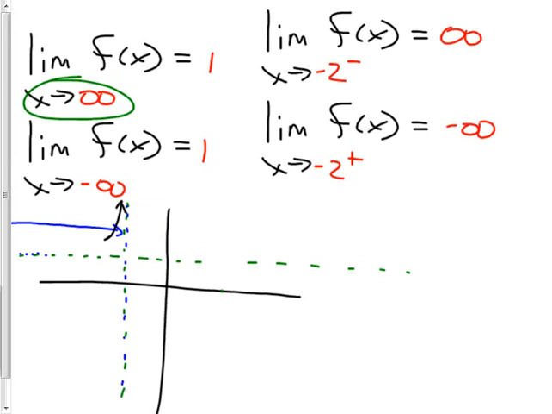It must be like that. And the other part, coming towards negative 2 from the positive side, means I'm over here somewhere, getting close to negative 2, and it's going to go down to negative infinity. Now I see it's this. That's what it should be.